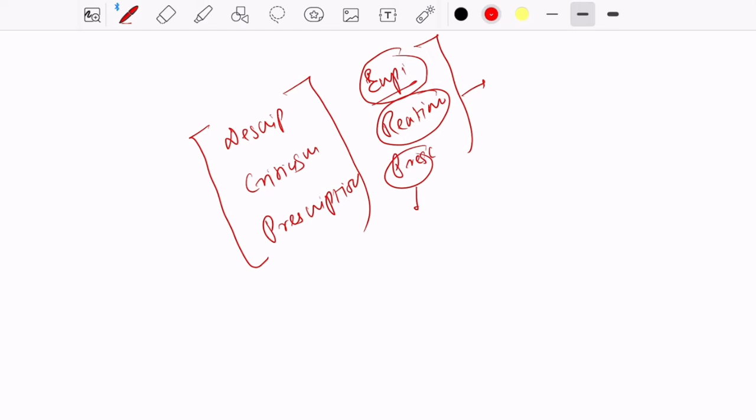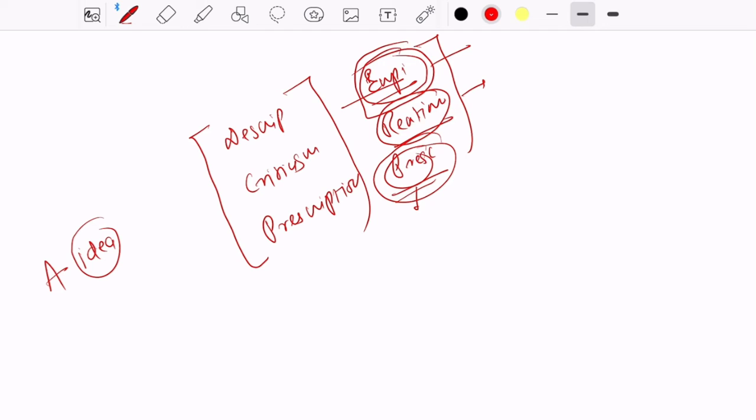Or let me change the language: any idea which is an outcome of only empirical, I'm talking about in a discrete sense, only reasoning based or only prescription based, also constitutes a theory.